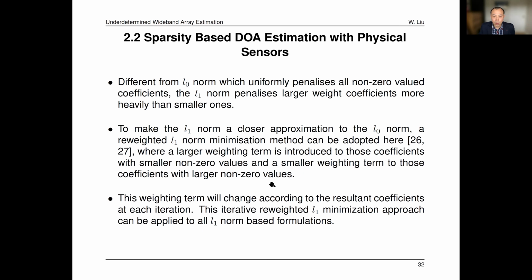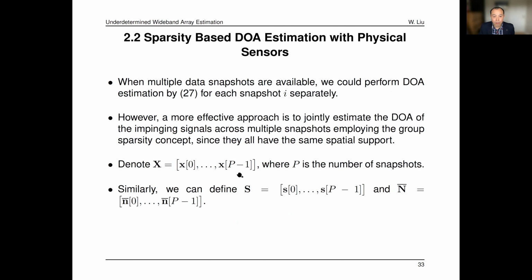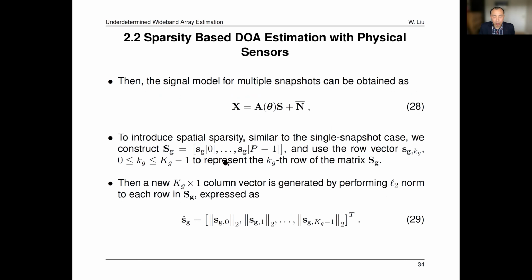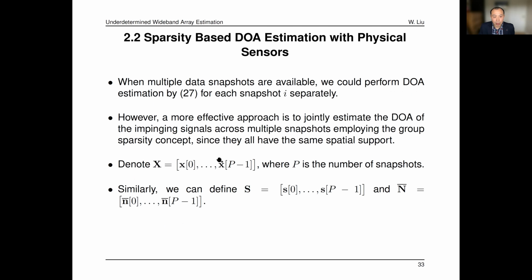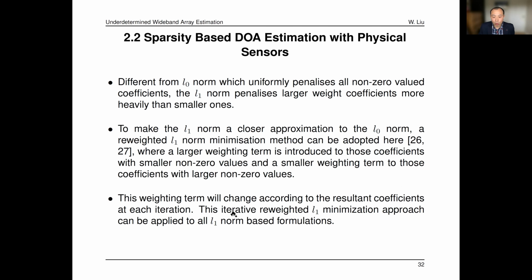This will give you a better result in general. So it's called reweighted L1 norm minimization. And this reweighted one can be applied to all L1 norm based formulations. So it's a general approach.